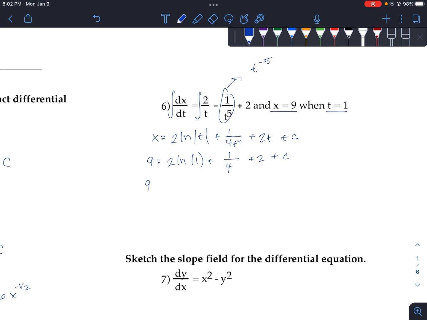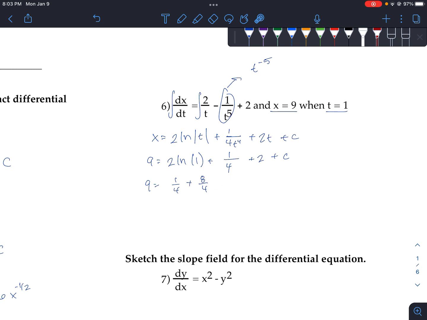So 9 is equal to, natural log of 1 is 0, so that's just going to be 0 right there. So I'll be left with 1 over 4 plus 2. Well, 2 is the same as 8 over 4. Oh, sorry, I forgot my plus c.